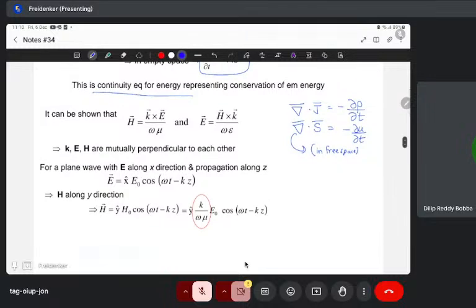I think. Do not take my word. It can be shown that this was a magnetic field intensity, right? B bar is magnetic flux density. We've been calling this magnetic field, but it is actually magnetic flux density. H bar is magnetic field intensity, and this is how they relate.